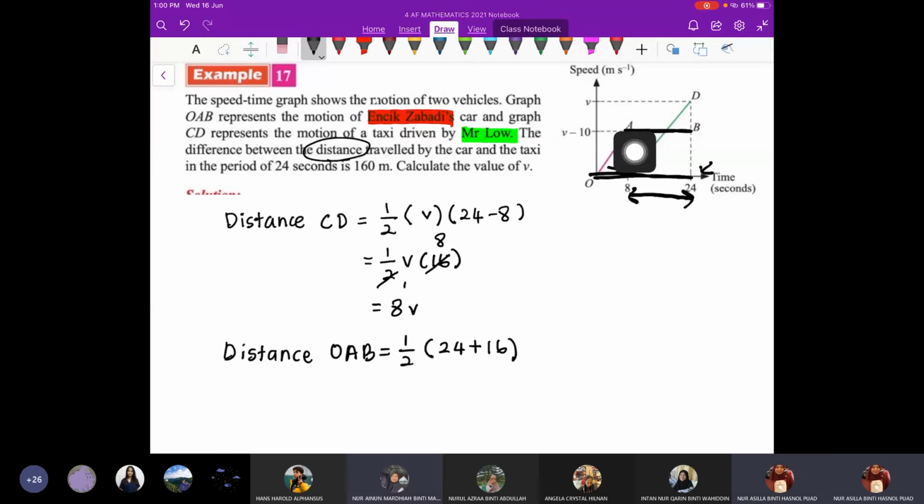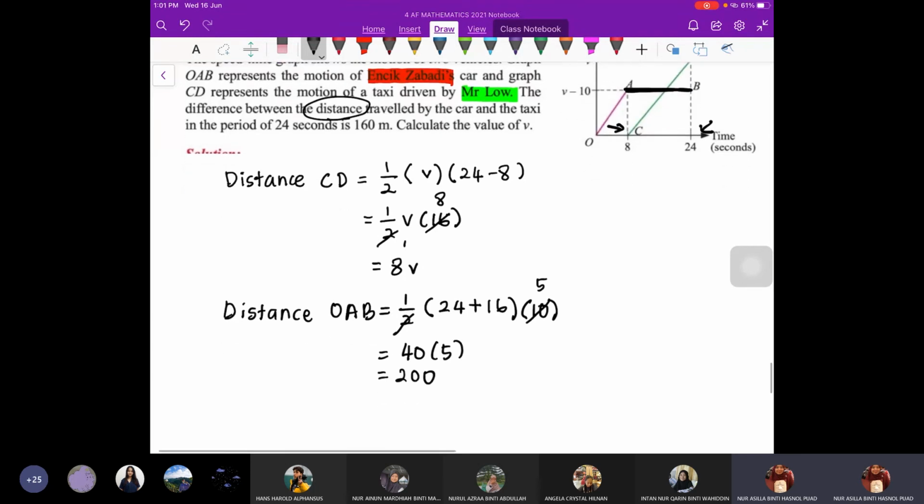Sebab jarak ni AB, panjang AB. Oh, okey. Okay, kemudian darabkan dengan 10. Panjang ni, ketinggian dia 10. Okay, simplify. So berapa ni? 40 times 5 jadi 200.